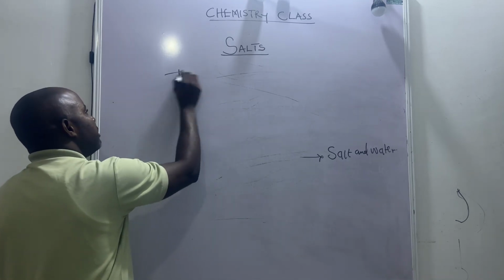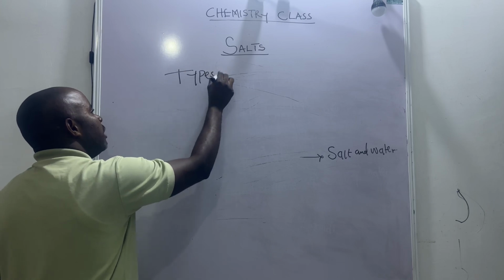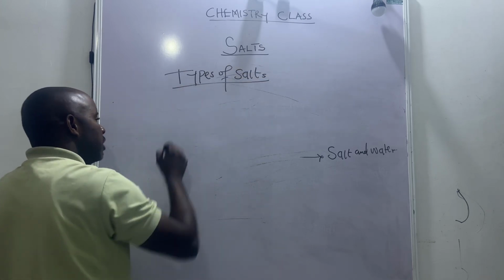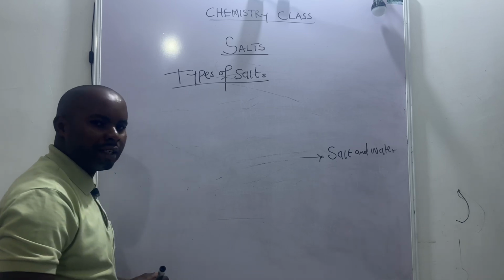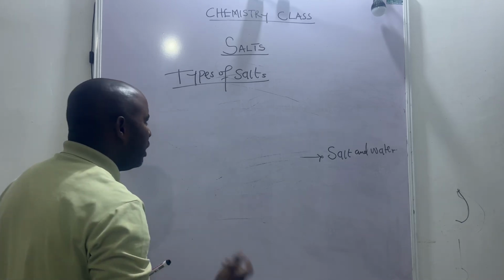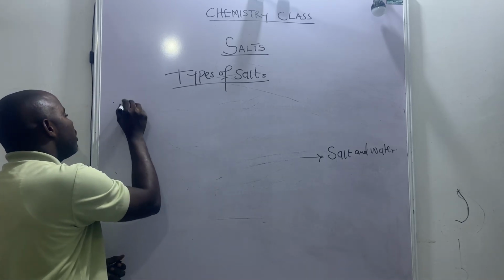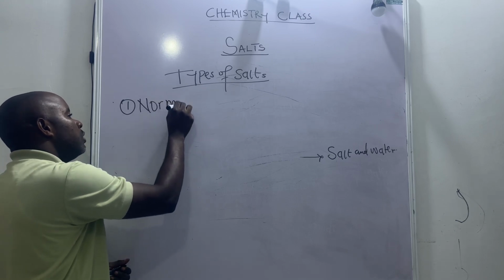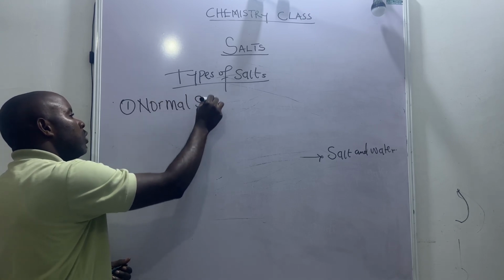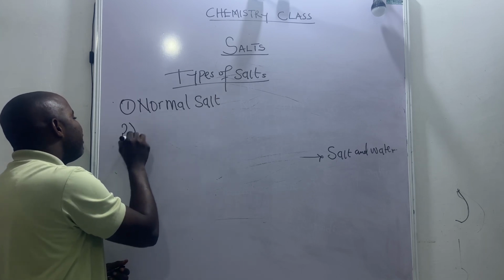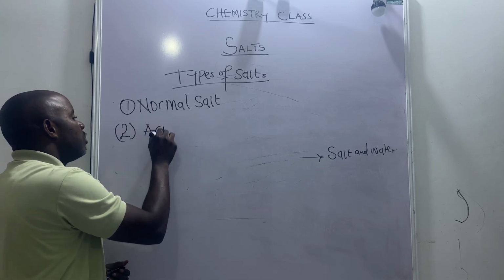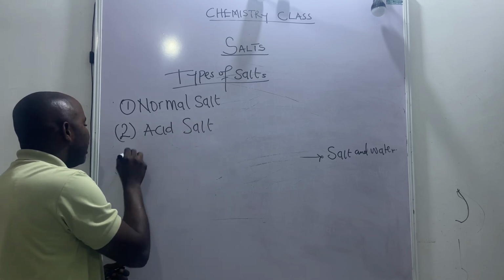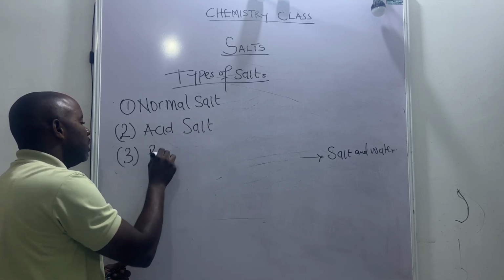Due to the nature of the acid that is present in the reaction, we can classify salt as follows. 1, we have the normal salt. 2, we have the acid salt, also known as acidic salt. 3, we have the basic salt.